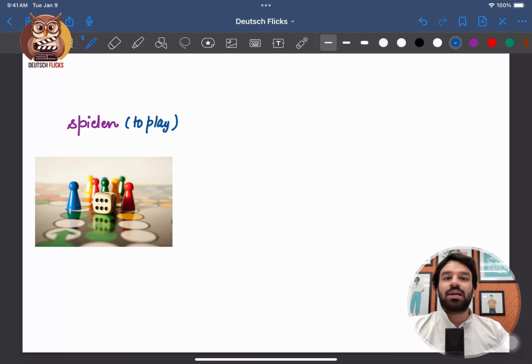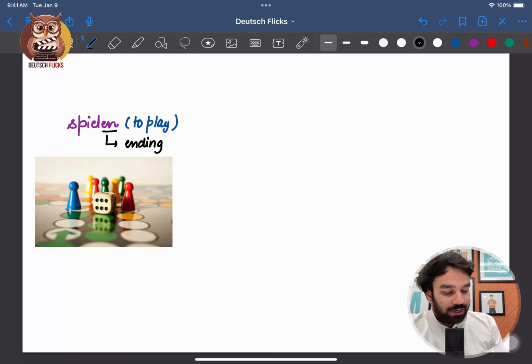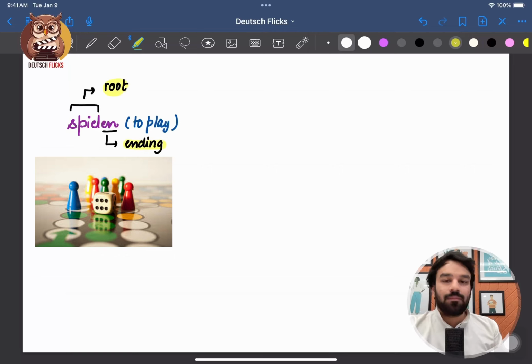Now, most of the time, it happens that in the German language, verbs end with en. Now, this en is called the ending. And whatever is left apart from en will be the root of the verb. And this is the concept of root and ending.